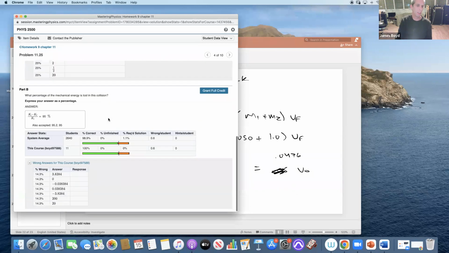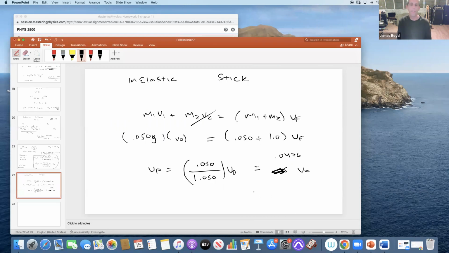All right. What percentage of energy is lost? This is the big thing. In an inelastic collision, kinetic energy is not conserved. The change in kinetic energy is always less than 0, or usually, I think it could be 0, but it can never be positive. So the change in kinetic energy is the amount of energy lost.